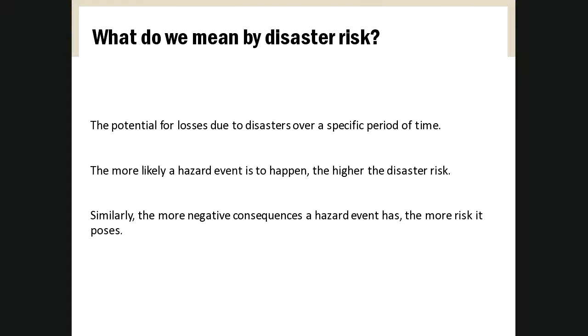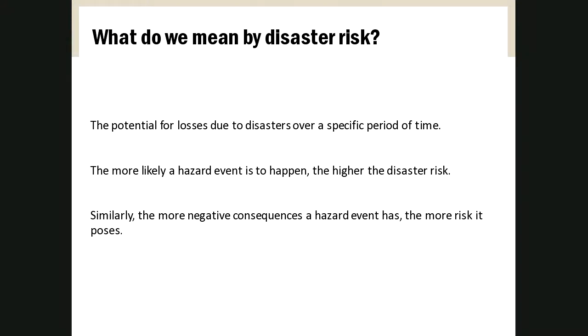That disaster risk is very much about the potential for losses because of disasters over a specific period of time. Disaster risk, by definition, is a risk related to disaster, or how a disaster increases risk. It is not so much about a development agenda.